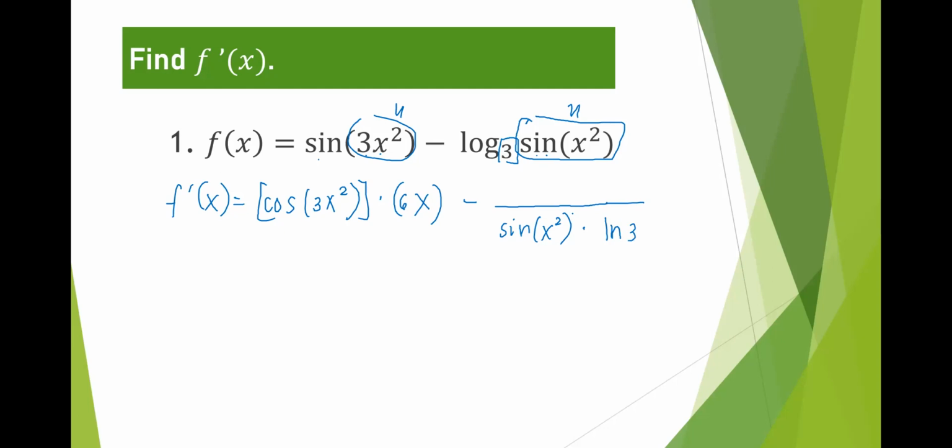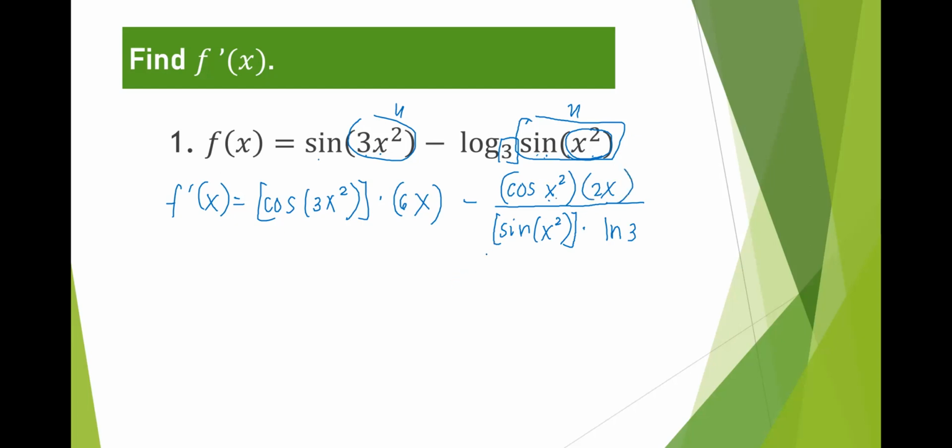Then, what we write on the numerator will be the derivative of this u. What is the derivative of sine of this? You have an inner u here, since it's sine of this u. So the derivative of sine u, quote-unquote, because you have a new u now, is cosine. Let's recite the formula in red. Cosine u is cosine x squared times the derivative of that new u, which is 2x.